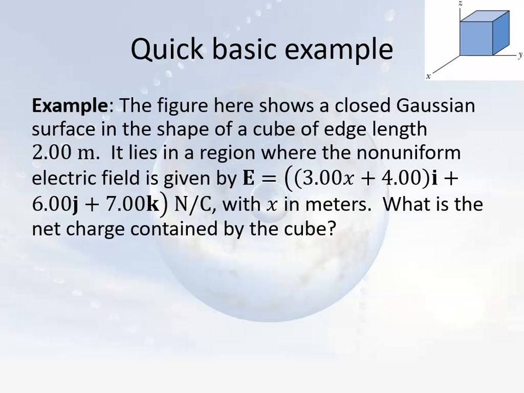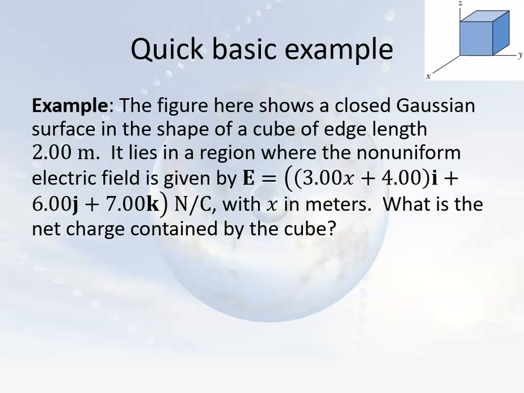So here we have an electric field that has a certain direction, and it's always pointed in the same y and z directions. The y and z components of the electric field are constant: E sub y is 6 newtons per coulomb and E sub z is 7 newtons per coulomb. But the x component of the electric field varies with position in x.